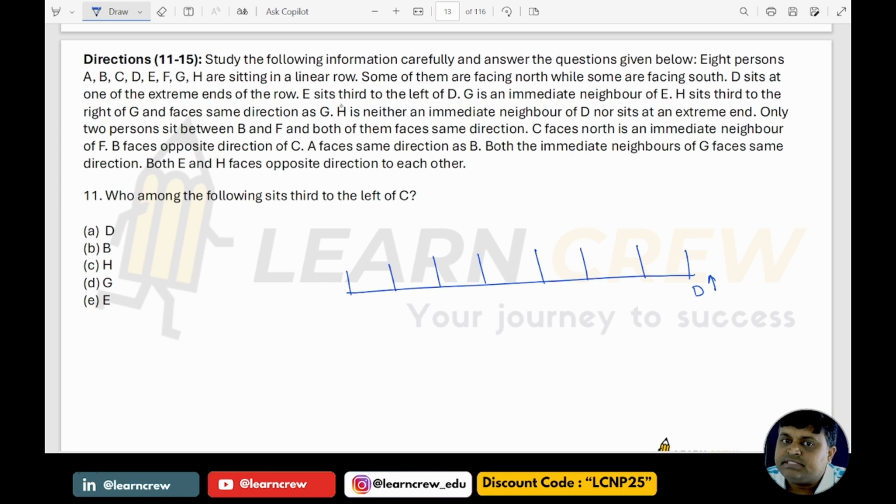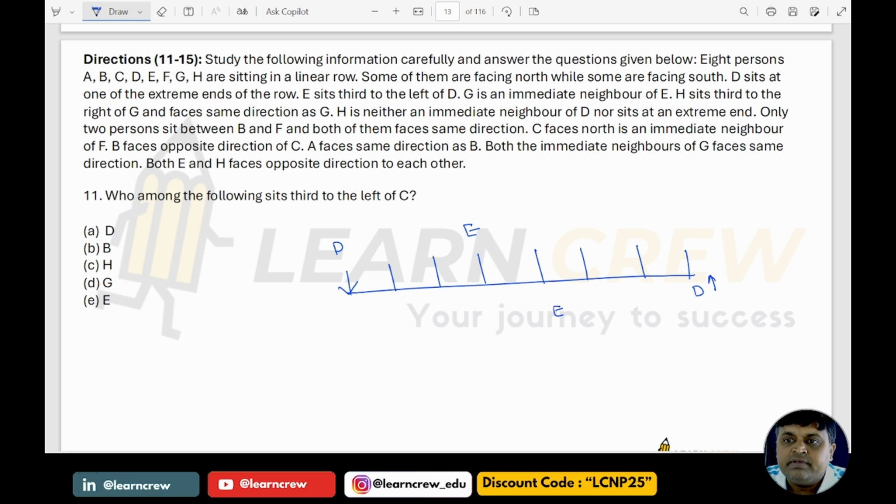If E sits third to the left of D, 1, 2, 3, E has to be here. If for example D is here, D has to face south. And E is third to the left, first, second and third, so E has to be here.